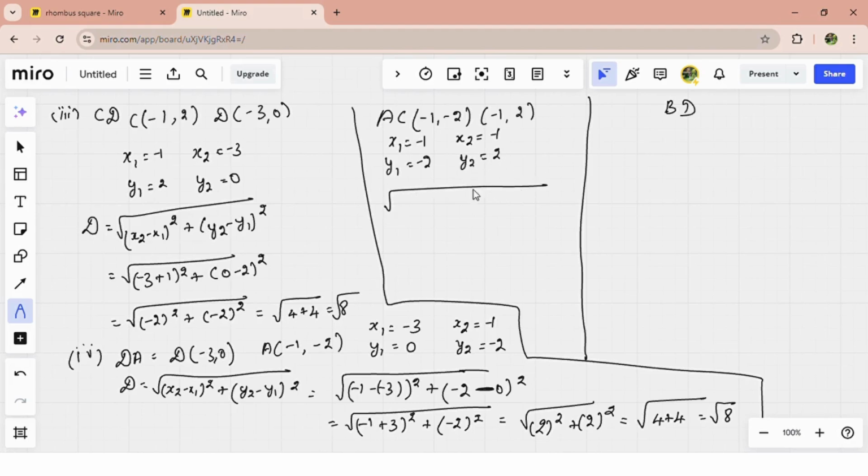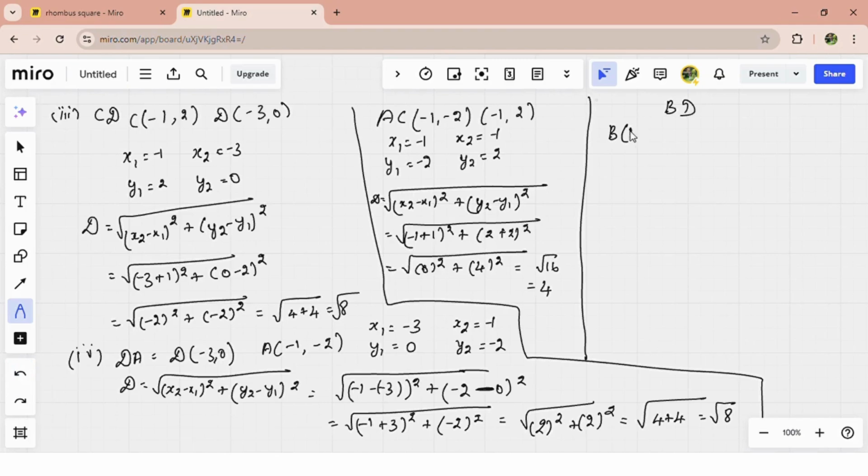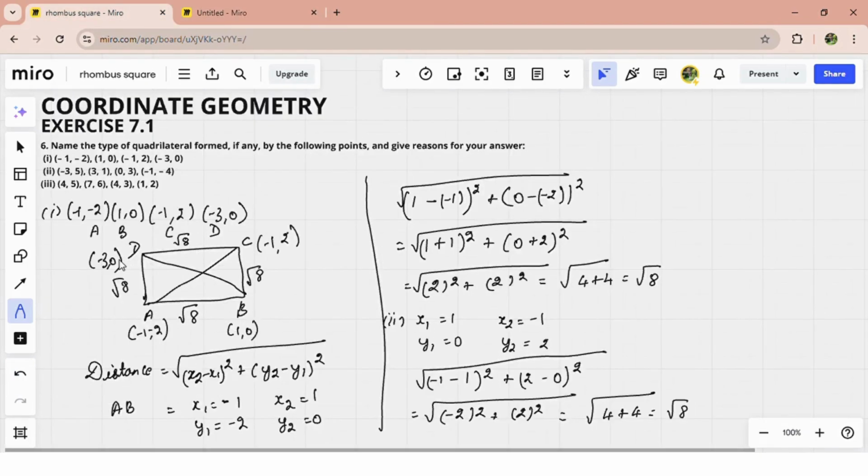When you substitute in the distance formula, d equals root of (x2 minus x1) square plus (y2 minus y1) square, which equals root of (-1 plus 1) square plus (2 plus 2) square. Which will be equal to root of 0 square plus 4 square, which is equal to root of 16, which is equal to 4. Now for BD, B is (1, 0) and D is (-3, 0).